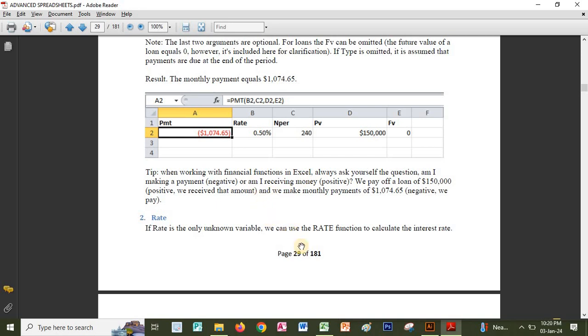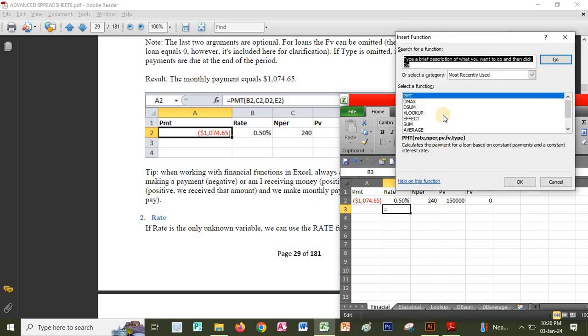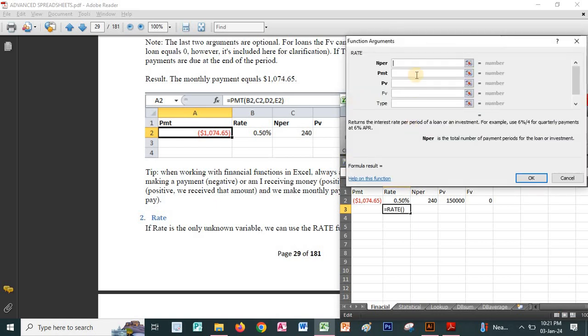And in case you didn't know any of these others, if you have been given the rest but the rate is the one that you have not been given, so you assume you don't know the rate, and we calculate the rate. So you write rate there, and then now the number of periods is there, PMT is here, PV there, future value there.